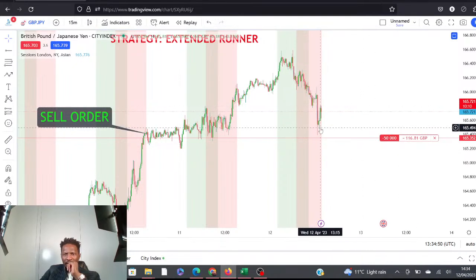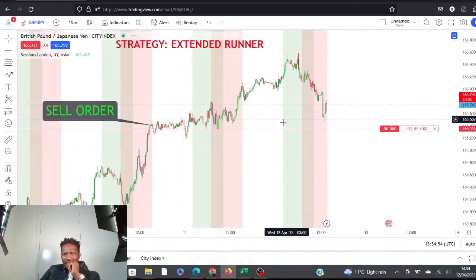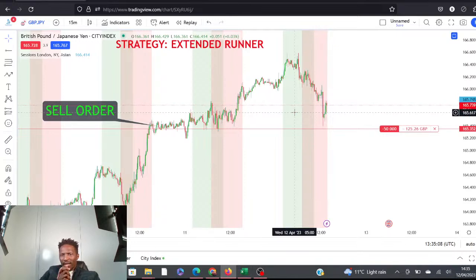Let's see where the market is going to end today. I think this is a very, very tricky one, because based on the structure of the market, there's more potential for the market going up than going down.